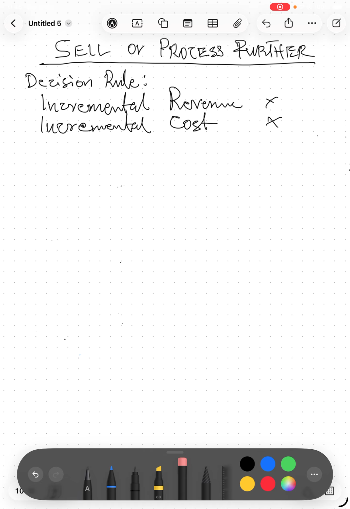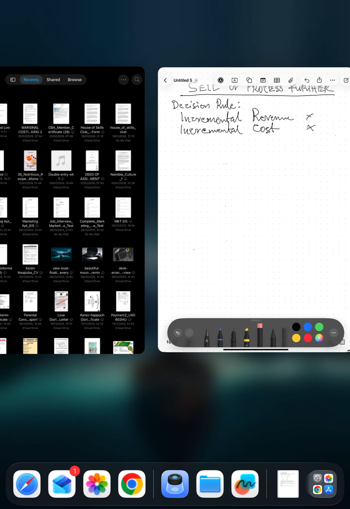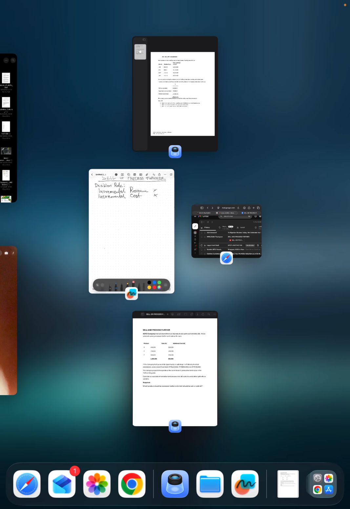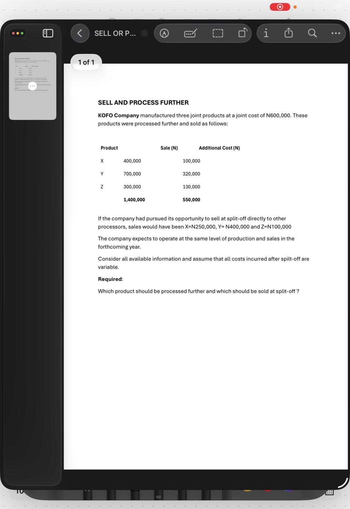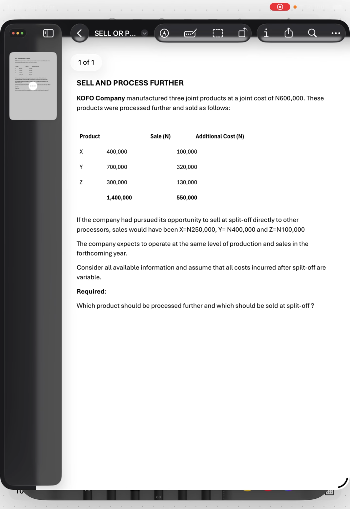So let's look at a question to buttress our point here. Okay, we have this question here. Kofu company manufactured 3 products at a joint cost of 600,000 naira. These products were processed further and sold as follows.